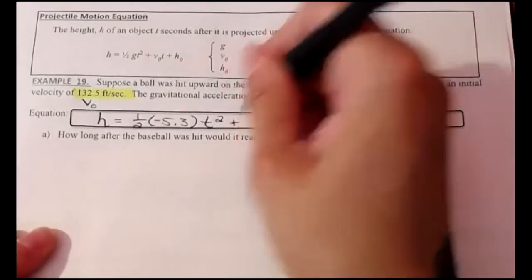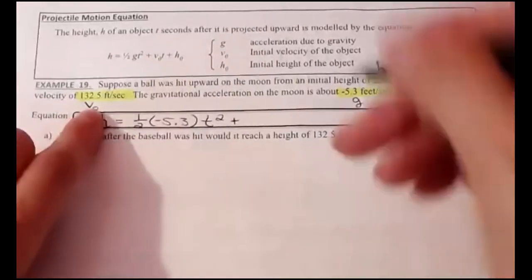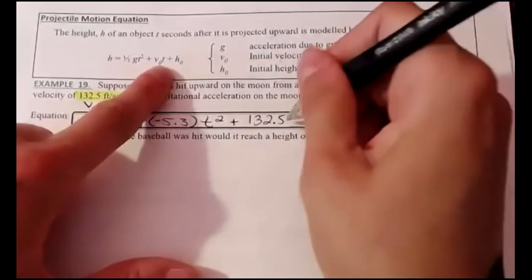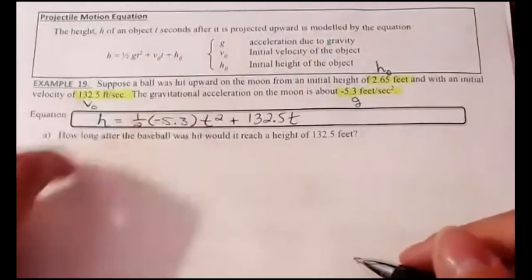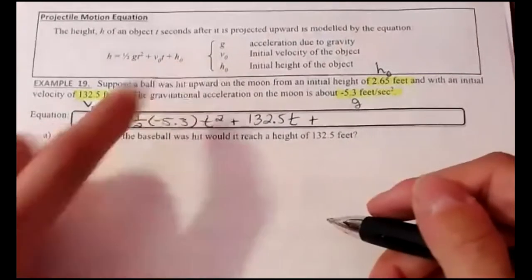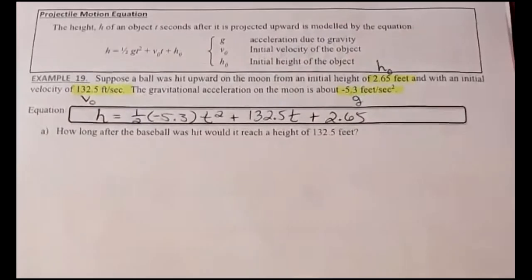Plus our velocity, which is 132.5. And then we have t. Notice we're just filling in the equation. And then plus our initial height, which is 2.65 feet. So essentially, there's our equation.